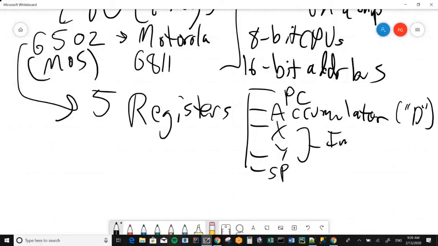X and Y were referred to as index registers. They had the ability to be loaded from memory and store values into memory. There weren't really instructions to do arithmetic on them, but they had a really powerful set of instructions that would let you use the X and Y registers to change the memory address that the accumulator was referencing.